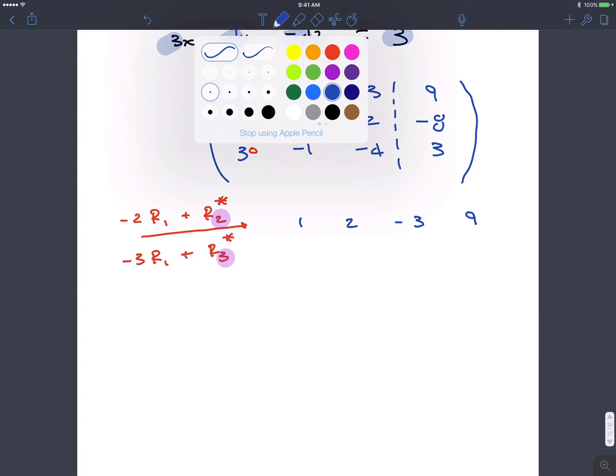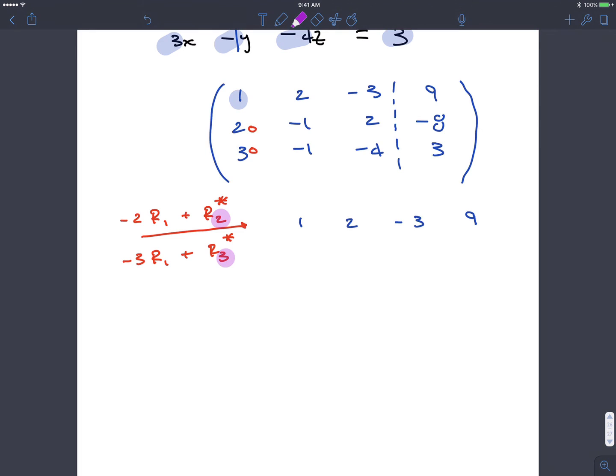Now, I'm going to first change row 2, so I'm going to have new entries for row 2. I'm going to take negative 2, multiply it by row 1, then add it to row 2. So negative 2 times 1 is negative 2, plus 2, I get 0 for that new row 2.